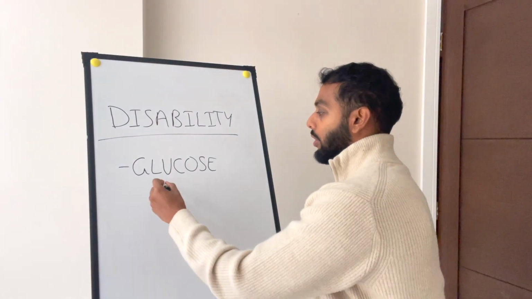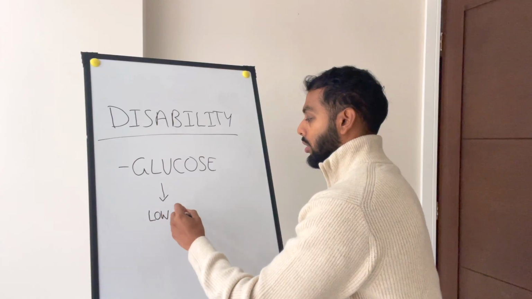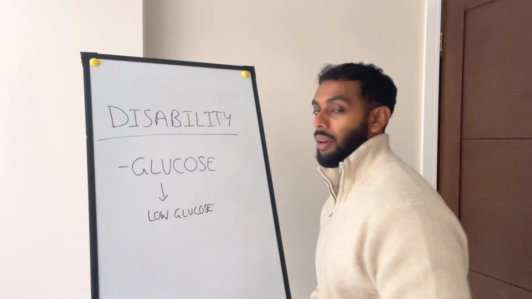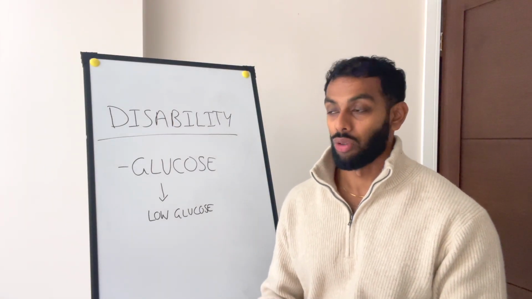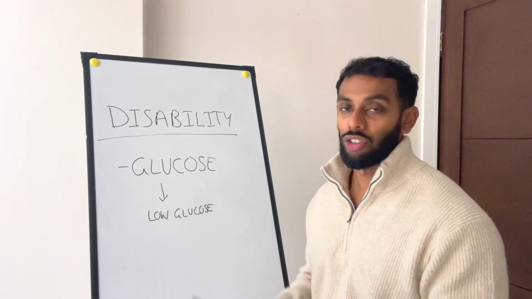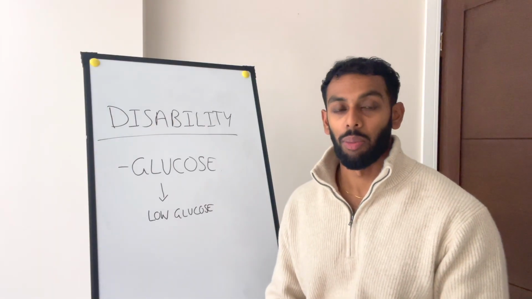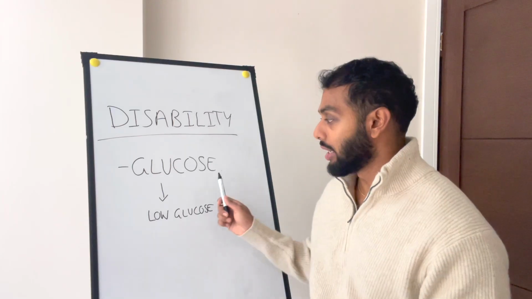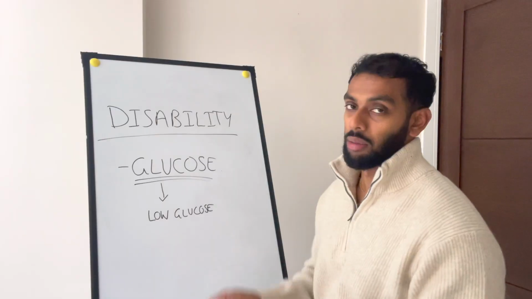If you have low glucose, that can mimic a catastrophic stroke. So you're there thinking that the patient's having a stroke, when in reality, you haven't checked their glucose. And all you had to do was give them a bit of sugar and they would have got better. So it's really important that you check the glucose in the disability section.